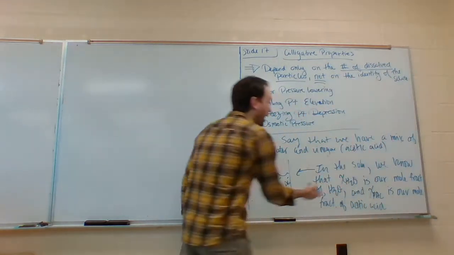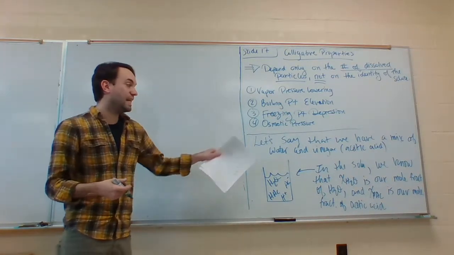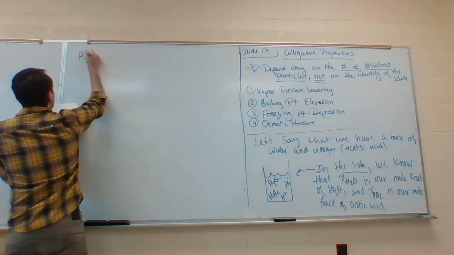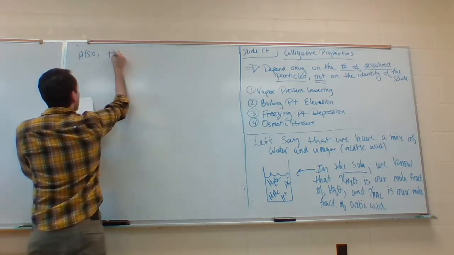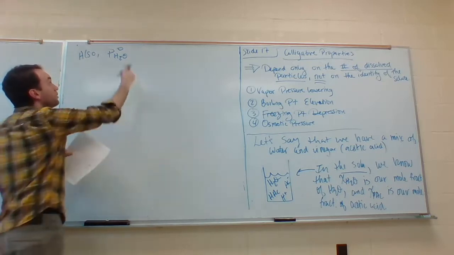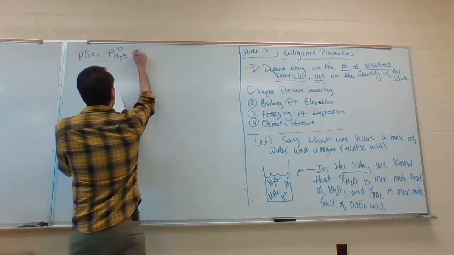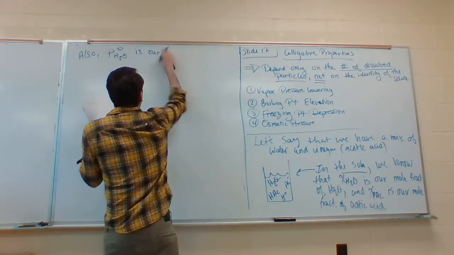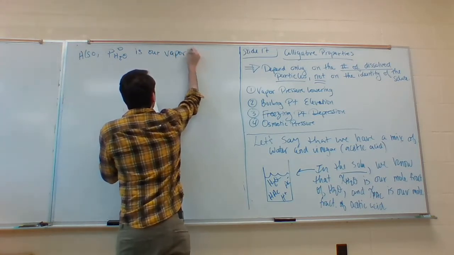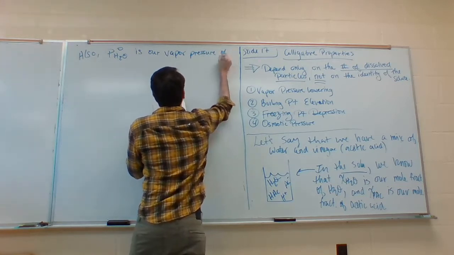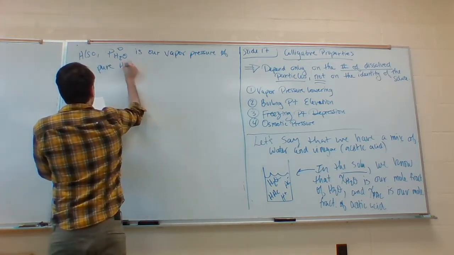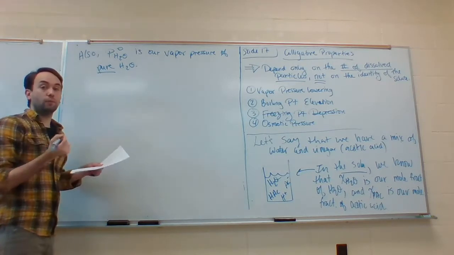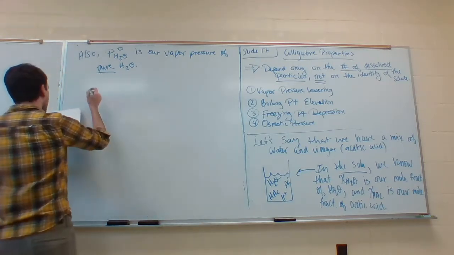Because again, our X is going to denote the mole fraction in the solution, in our liquid, okay? Now, also, we know that P H2O standard, that circle means standard, this is our vapor pressure of pure water, okay? Again, that little circle is going to refer to it being pure, and at standard conditions, all right?